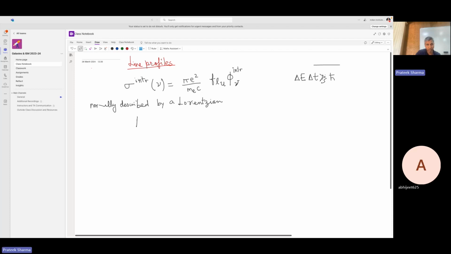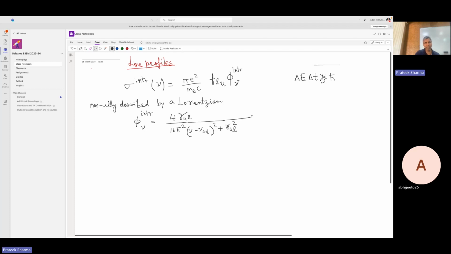So phi intrinsic nu is equal to 4 gamma_UL by 16 pi squared, I don't know, times nu minus nu_UL whole squared plus gamma_UL whole squared.